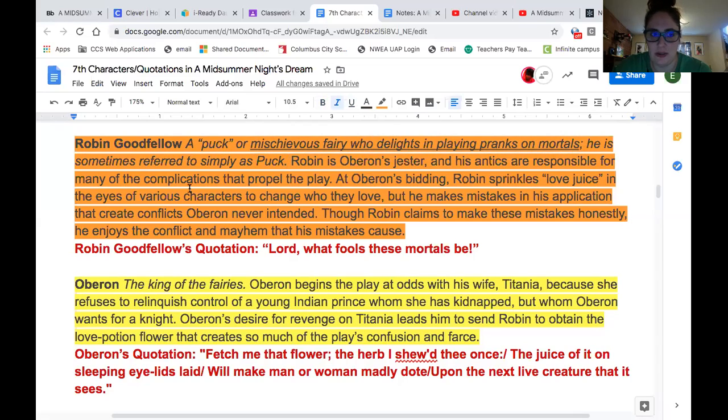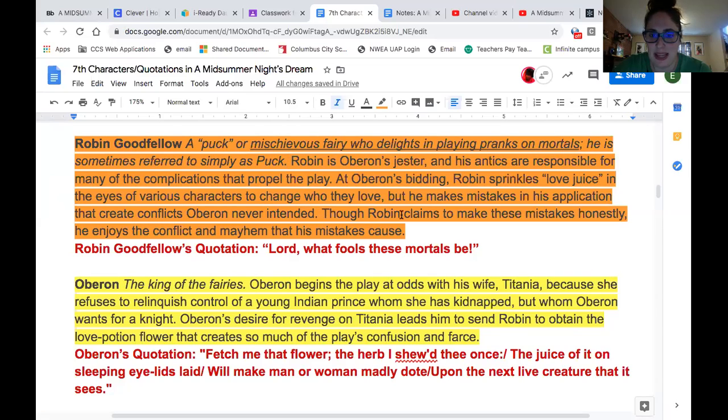His antics are responsible for many of the complications that propel the play. At Oberon's bidding, Robin sprinkles love juice in the eyes of various characters to change who they love. But he makes mistakes in his application that create conflicts Oberon never intended.